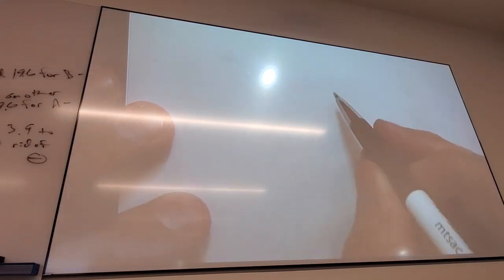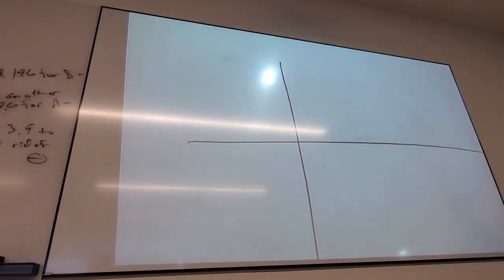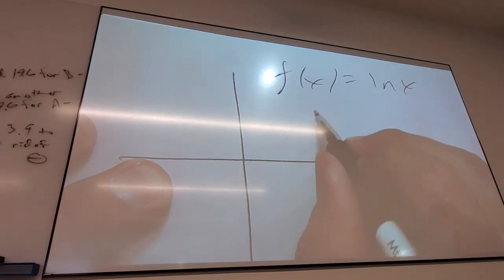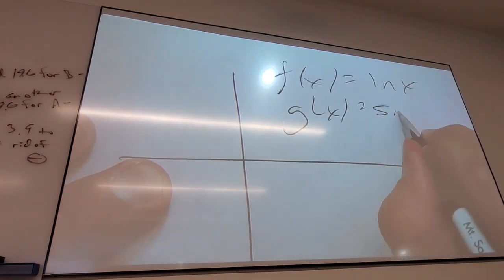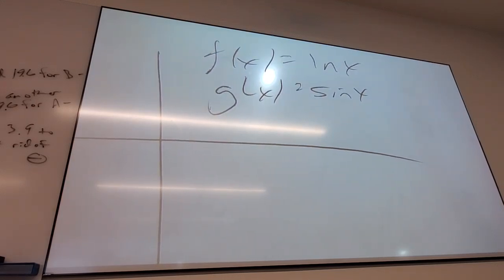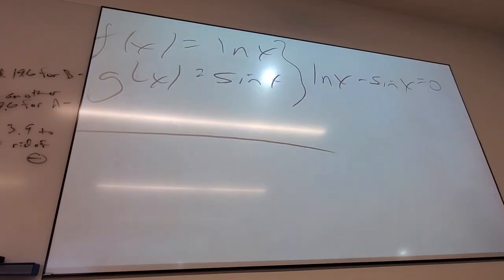So if I'm given two functions, and actually let me say this, if one function is natural log of x and the other function is sine x, and I want to know where they meet, do you all agree that's the same thing as solving this equation? Right?